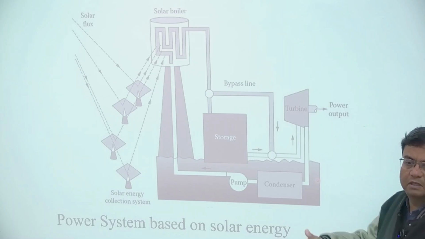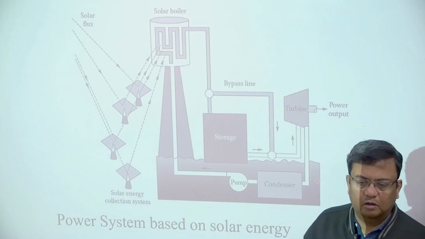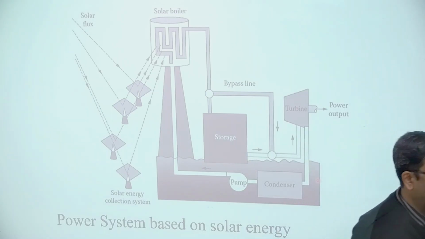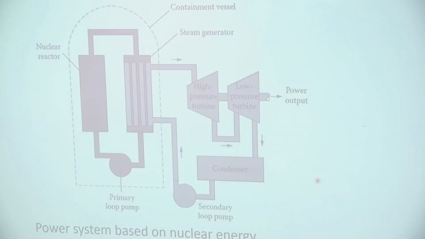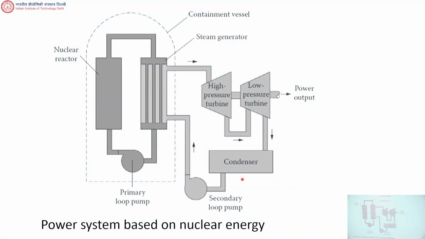So instead of using a coal-fired or gas-fired boiler, you're using solar power. And this is a nuclear powered arrangement. There's a nuclear reactor which basically replaces the usual boiler. Again, you have the same thing: high pressure and low pressure turbine, condenser, pump, and all that.